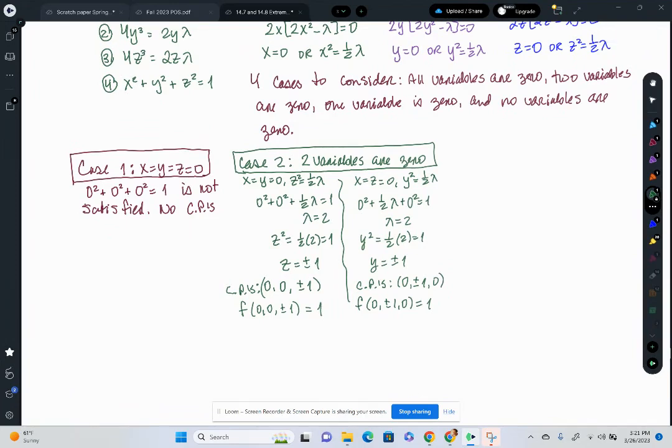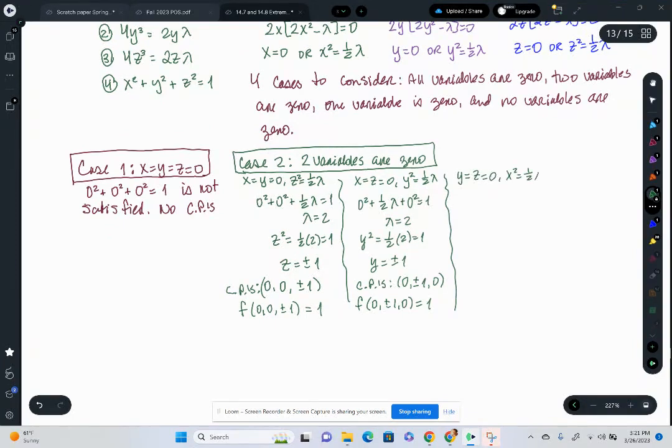Okay, third case under case 2 is where y equals z equals 0, and x squared is equal to 1/2 lambda. Again, we plug these into equation 3. We get 1/2 lambda plus 0 equals 1. Lambda is 2. X squared is 1/2 times 2, which is 1.